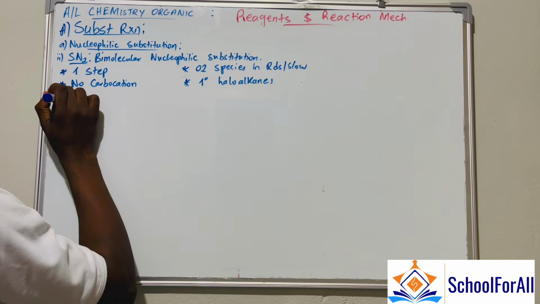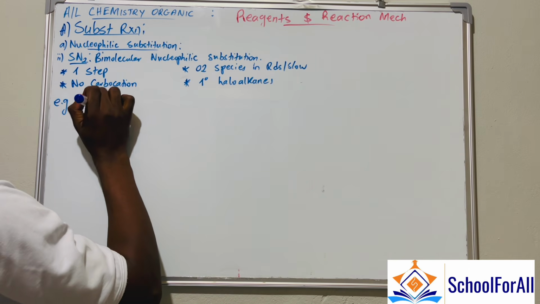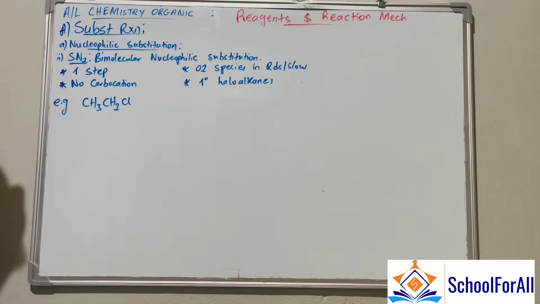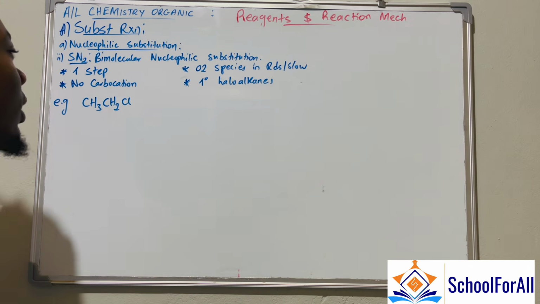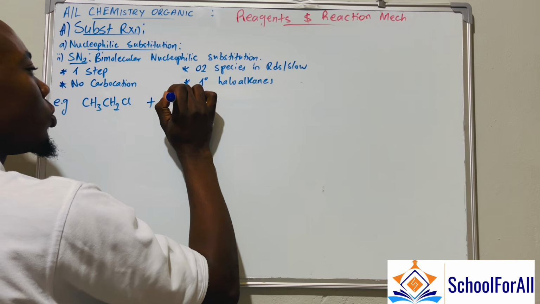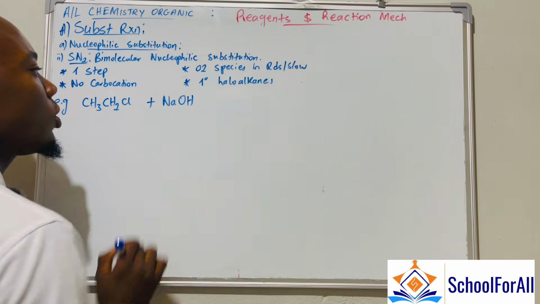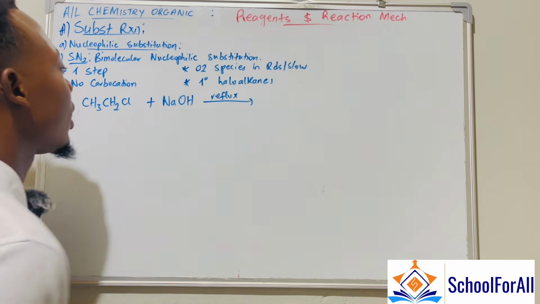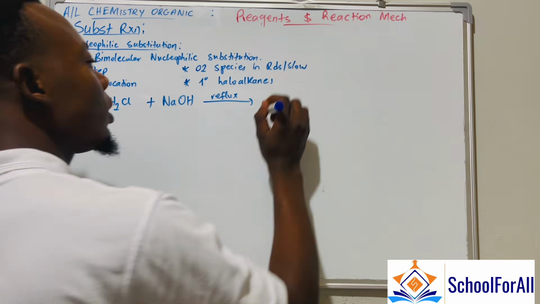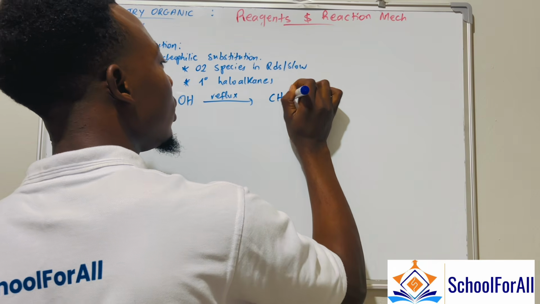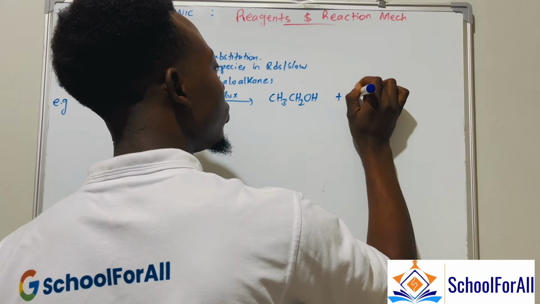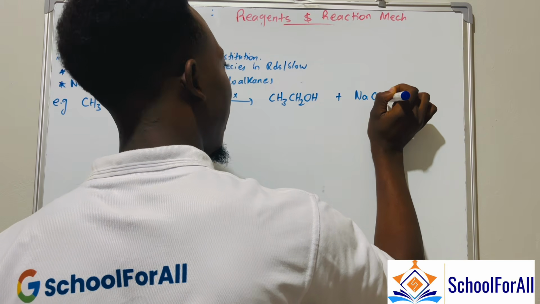Now the example here: let us say we have chloroethane with the same reagent, sodium hydroxide, can also be potassium hydroxide, still under reflux. I am going to replace the chlorine to form CH3CH2OH plus sodium chloride.